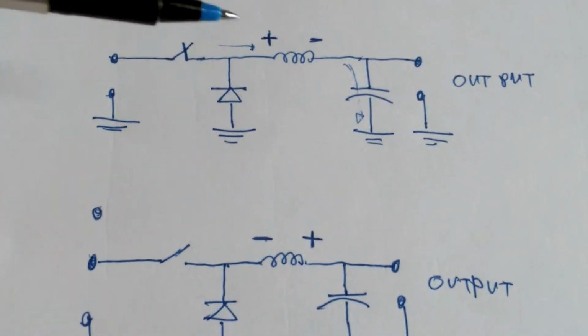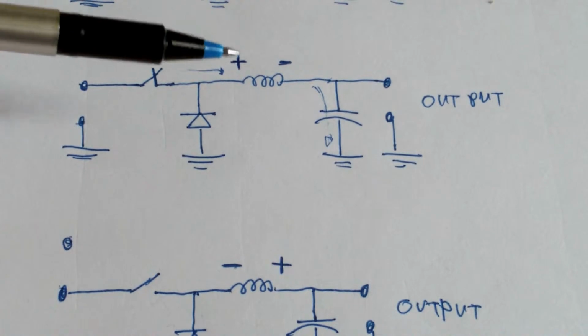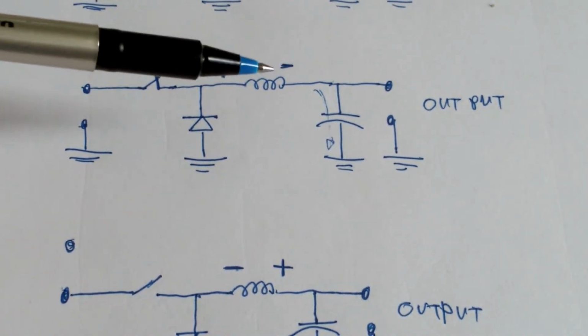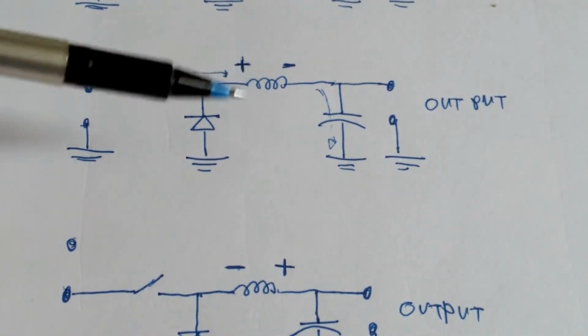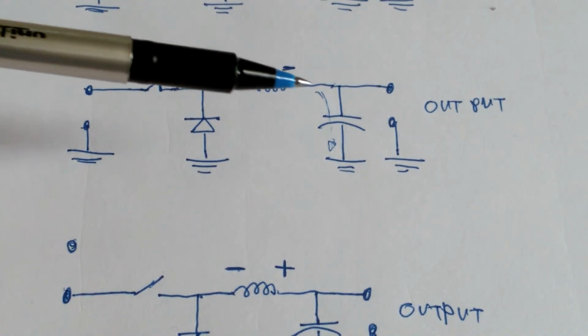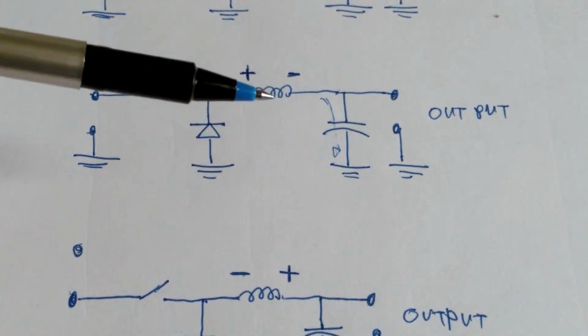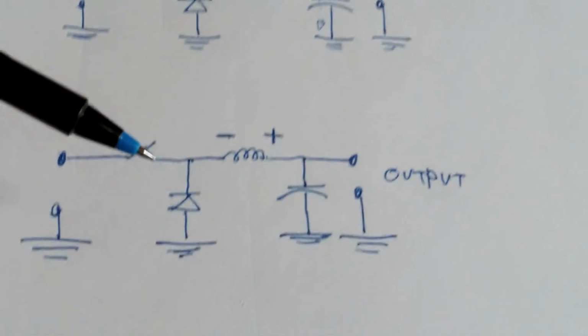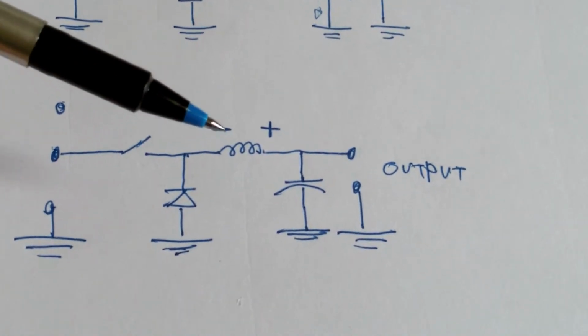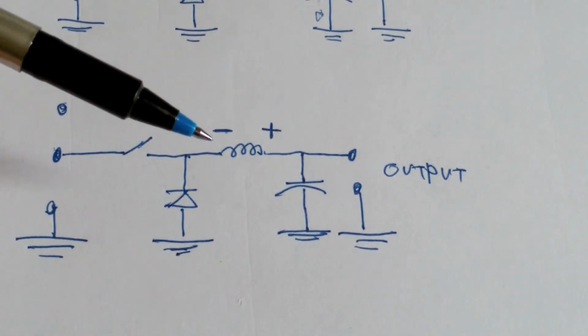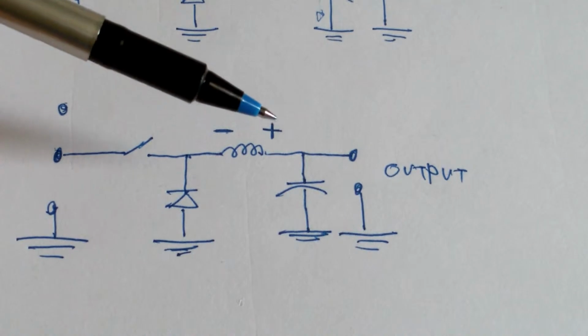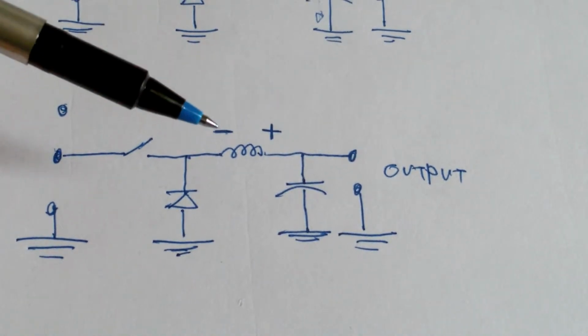So look at this. While it is charging, your plus is here and your minus is here, charging the inductor and going to your capacitor. And when the switch is open, your inductor is in discharging state. You have a polarity plus here and minus here.